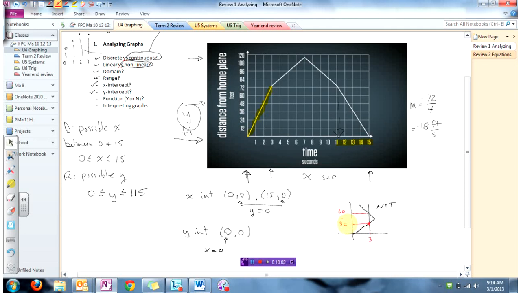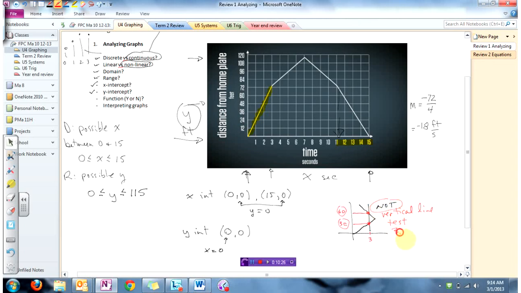That just doesn't make sense. You can't be two places at once. In other words, you can't have two different y-coordinates when you have the same x-coordinate. So if you see a situation where your points are in a vertical line, this is called the vertical line test, and it means this is not a function.